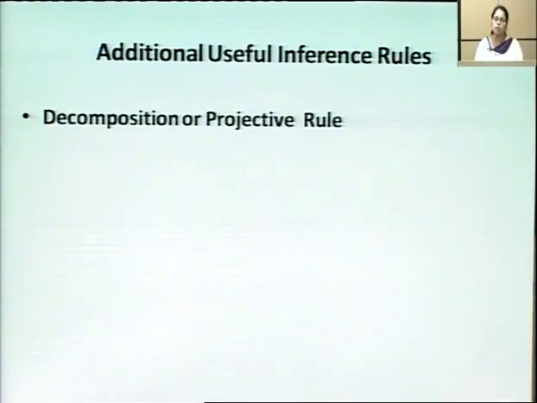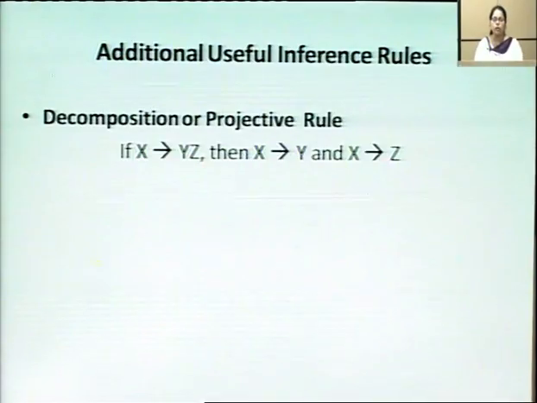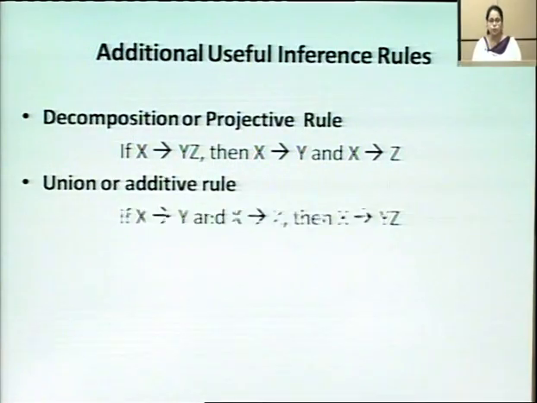One is the decomposition or projective rule. If X functionally determines Y union Z, then we can infer that X functionally determines Y as well as X functionally determines Z. Union or additive rule says that if X functionally determines Y and X functionally determines Z, then X also functionally determines Y union Z, which is exactly the opposite of the decomposition or projective rule.